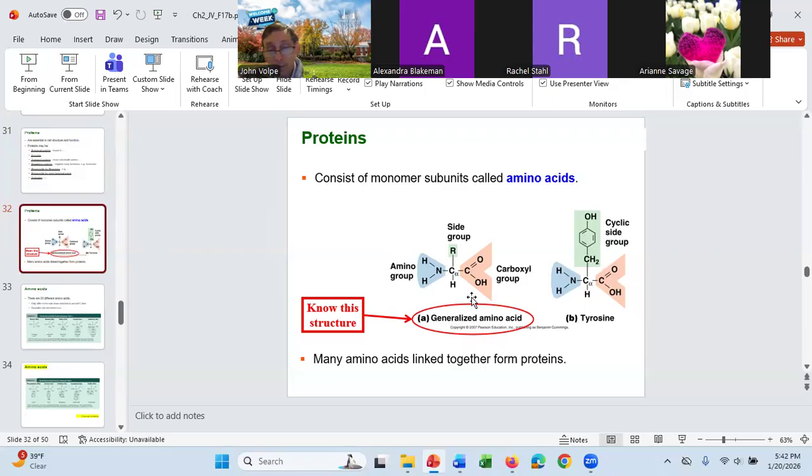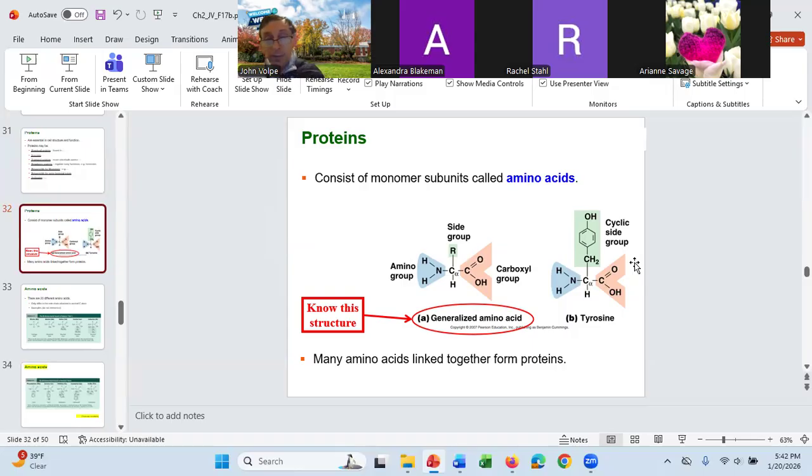On the other side of the molecule, it has a carboxyl group, COOH. For example, here's tyrosine, showing the R group there, the amino group there, and then the carboxyl group here. So this is the complete amino acid.